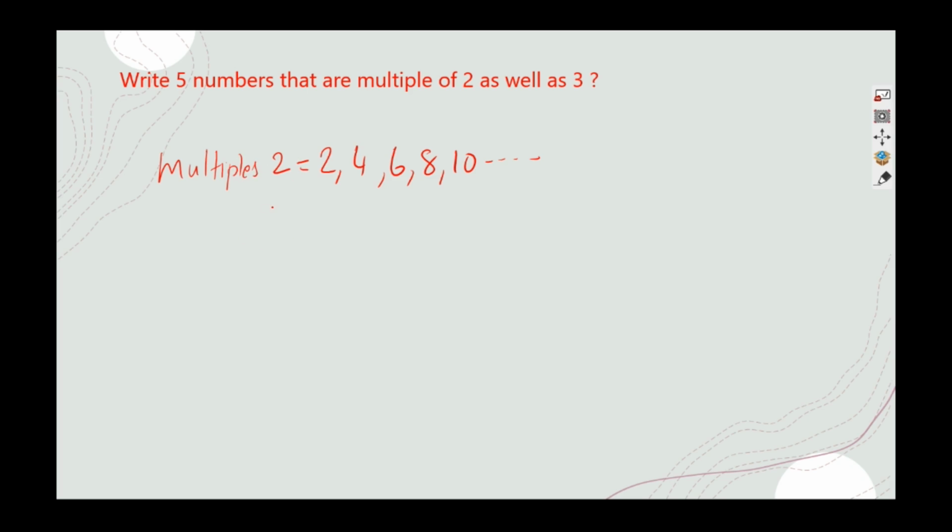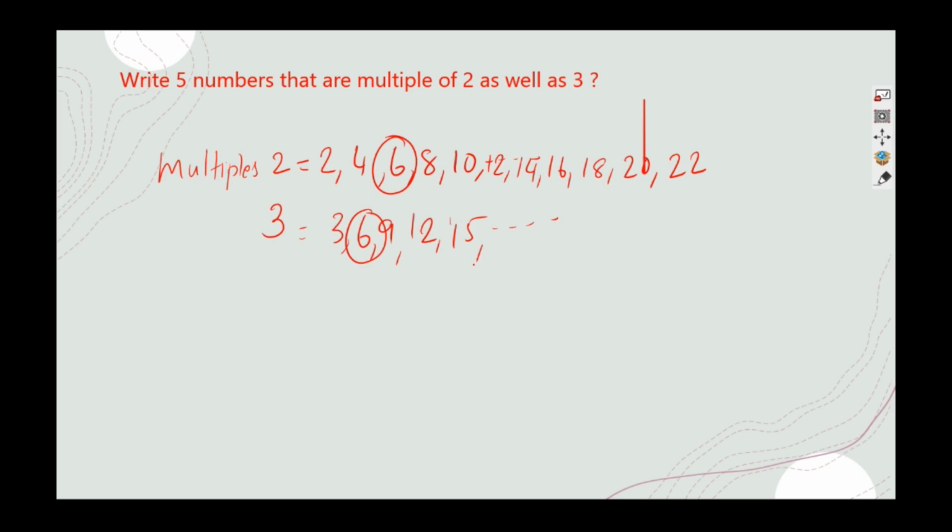Right? Now if it is multiples of 3, you will write 3, 6, 9, 12, 15, and it goes on. When it is a question of 5 numbers that are multiples of both 2 as well as 3, then you have to write more, because you get a common multiple here. 6 is there, then you cannot get over here, so you will write more. 10, 12, 14, 16, 18, 20, 22.